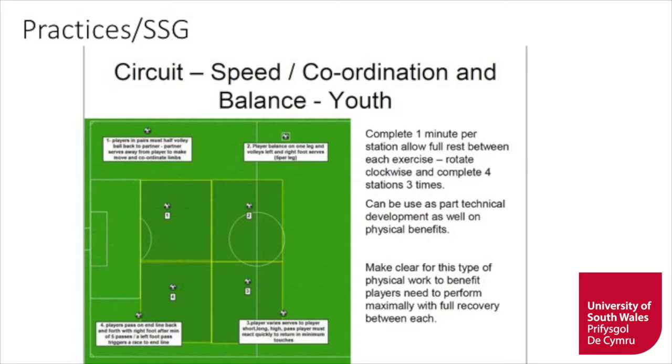The server then throws the ball, the player has to move and return the ball to the server. With the final station working on agility, with the server having the ball in their hands or in their feet, throwing the ball to the side of the player for them to move laterally. They then return the ball to the server. The server then throws the ball to the other side. So the working player is working from side to side, controlling and playing the ball back to the server.